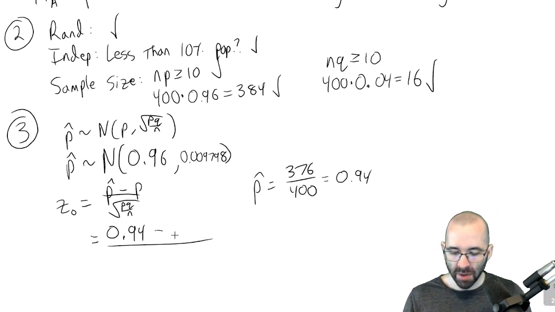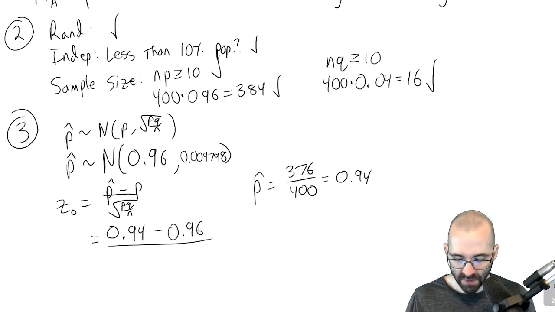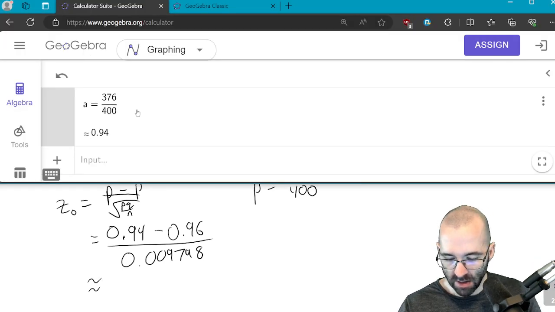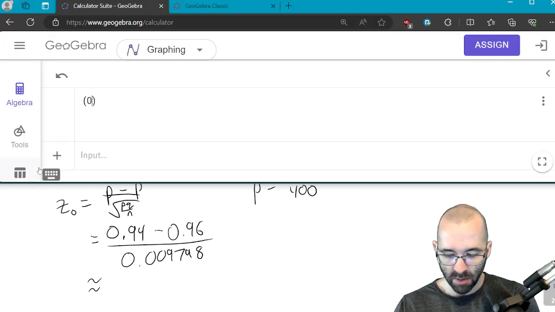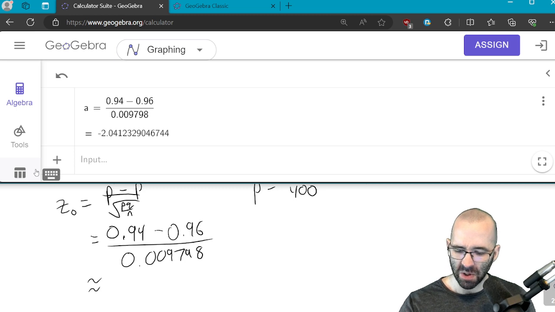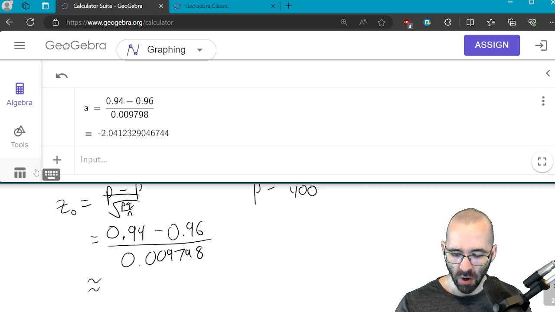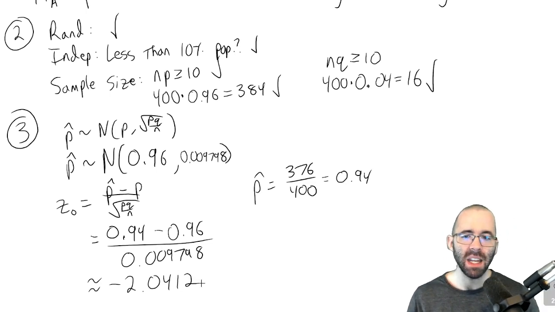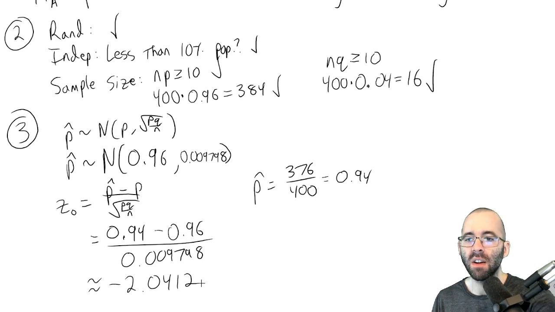All right, so P we're assuming to be 96%. And our standard deviation was 0.009798. Type this into a calculator and see what we get. Make sure to use parentheses. And woo, negative 2.0412. Remember what your test statistic means. It's a z-score.